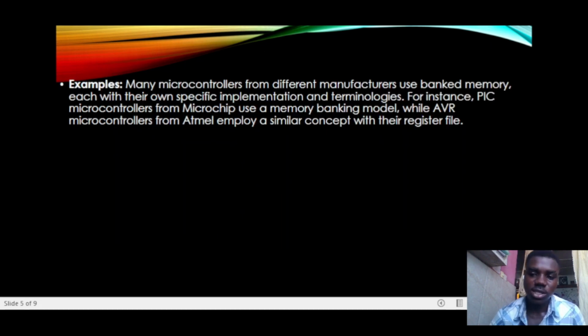So in more systems where the address bus is limited, as in it can't really carry a lot of information, it's the bank memory system that makes everything easier.